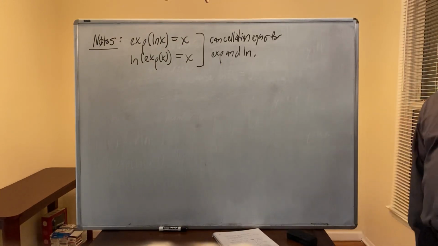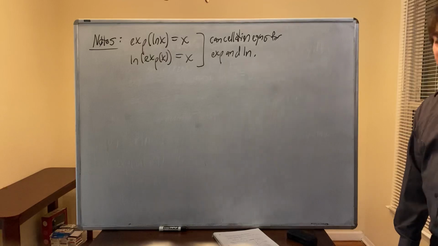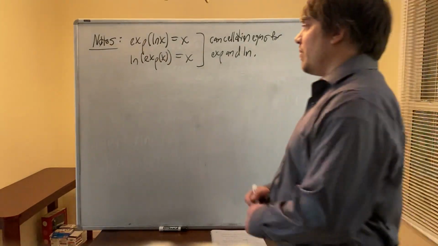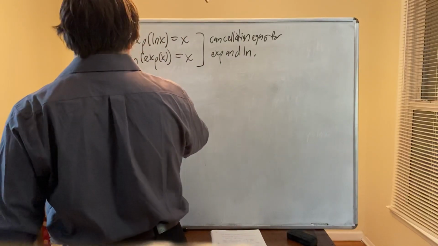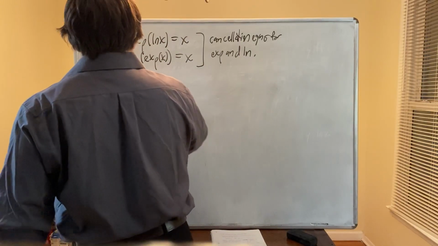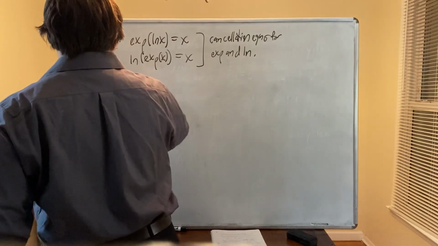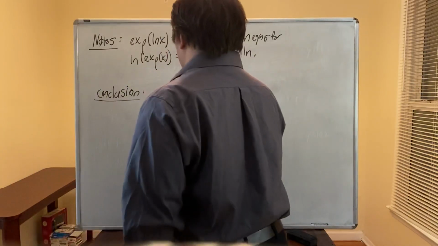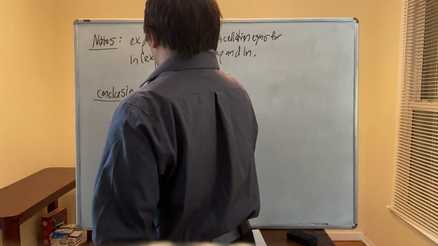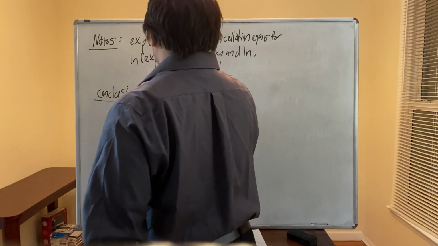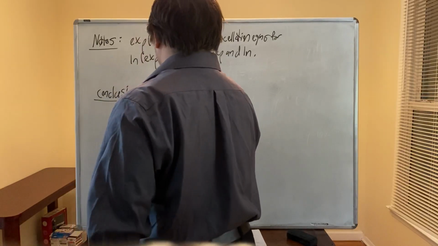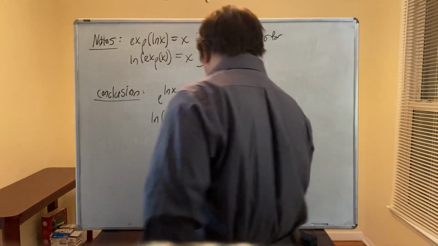But in that last board, we concluded that e to the x equals exp of x, right? e to the x is the inverse function of ln x. So that means that we get correspondingly, so we reach this conclusion from the earlier board and these notes. We get exp is e to the x. So e to the ln x equals x, and ln of e to the x is equal to x.